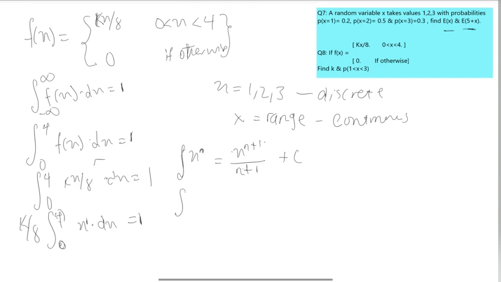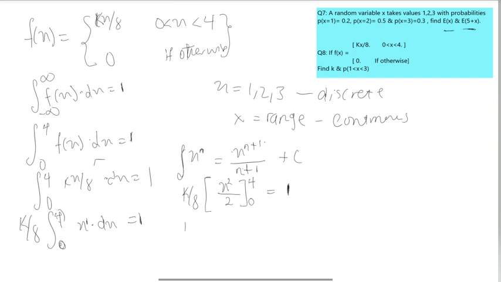We don't need to put the integral sign again after integrating. So we put k over 8 outside a box bracket, and integrating x gives x raised to power 1 plus 1, which is 2, over 2. We're not going to add c because it's a definite integral. Instead we put our limits from 0 to 4 outside the box bracket, and this is still equal to 1.